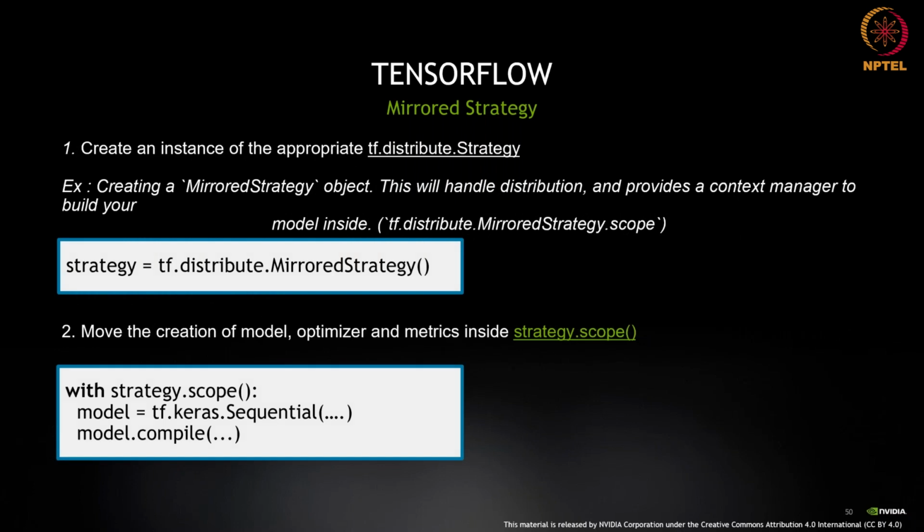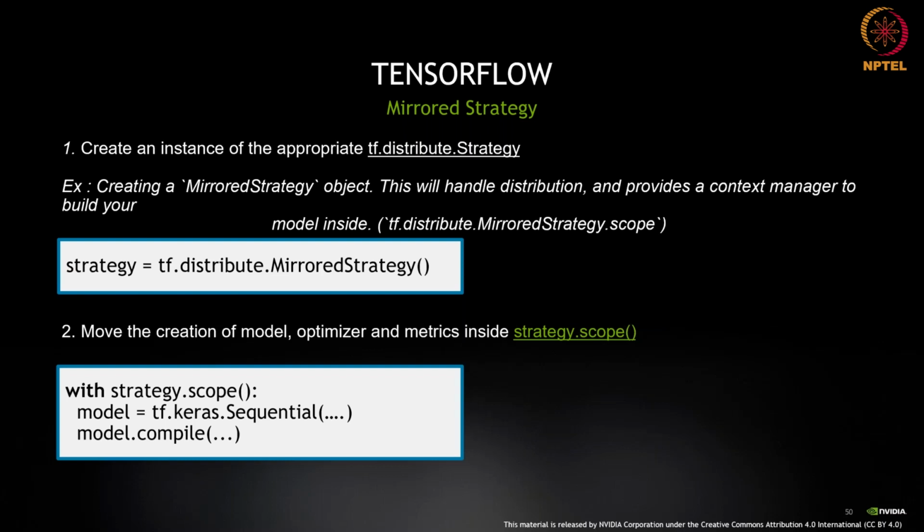So let's look at the steps which are required inside TensorFlow to convert your normal training to a distributed training. The first step in this particular example that we are showing is that we are using a mirrored strategy. And here you can see the first thing is we are defining the strategy ourselves.